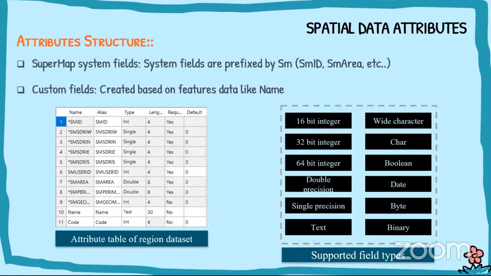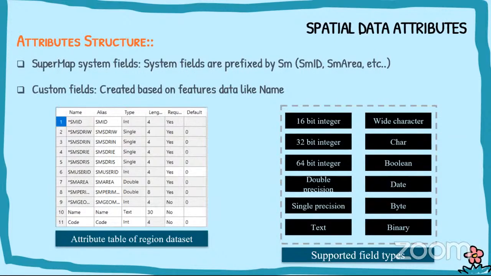Okay, next we have the attribute structure. The attribute structure in SuperMap iDesktopX has system fields that are prefixed by SM, for example SMID, SMArea, and others. It also has custom fields that can be created based on the feature data, like name and so on.